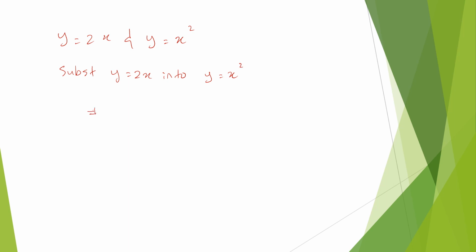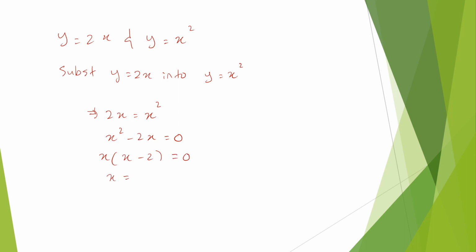You will get 2x equals x squared, so x squared minus 2x equals 0. Factorize and solve.